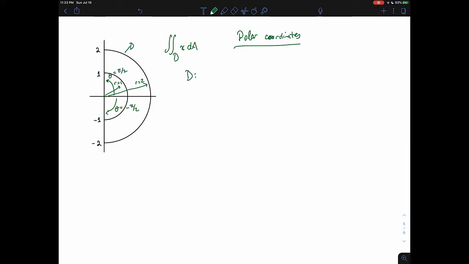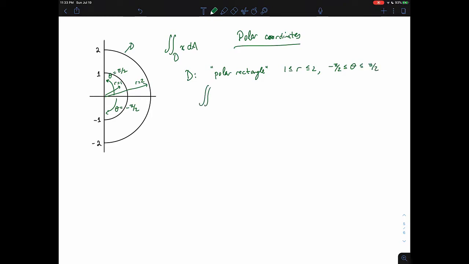So our domain D can be described as a polar rectangle with r between 1 and 2, with theta between minus pi over 2 and pi over 2.